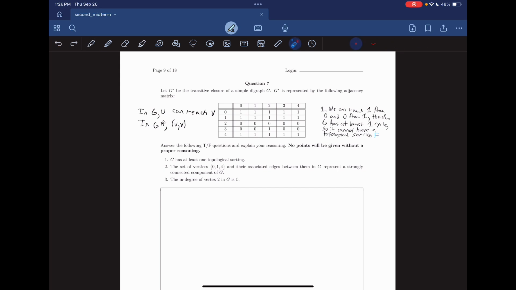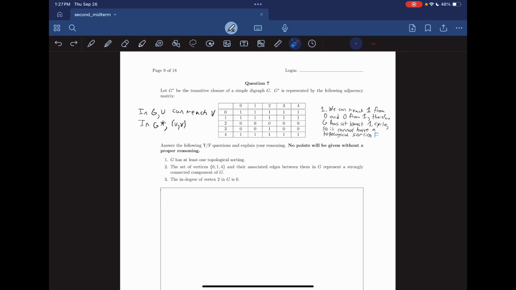And so we look in row 0, we look to column 1, and we see that 0 can in fact reach 1. We look in row 0, column 4, we see that there's a 1 there, so 0 can in fact reach 4 in G. So let's keep going. We look in row 1, we look to column 0, and we see that 1 can in fact reach 0 because there's a 1 there, and 1 can in fact reach 4 because there's a 1 there.